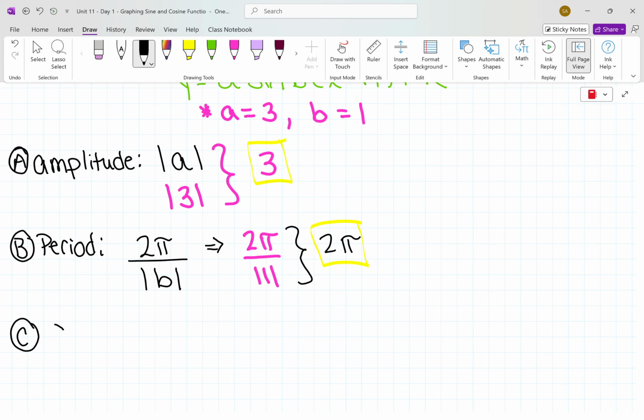Now we want to find the quarter period. And to find the quarter period, we take the period, which is 2 pi, and then we just divide it by 4. I'm going to write this out, sorry.